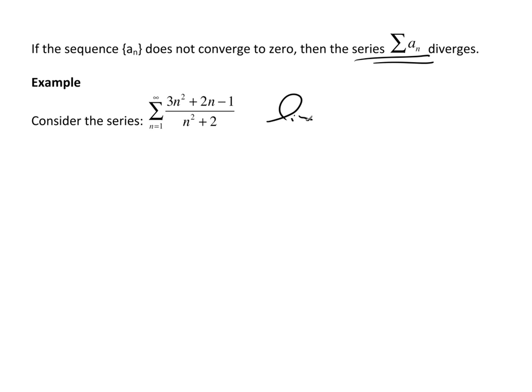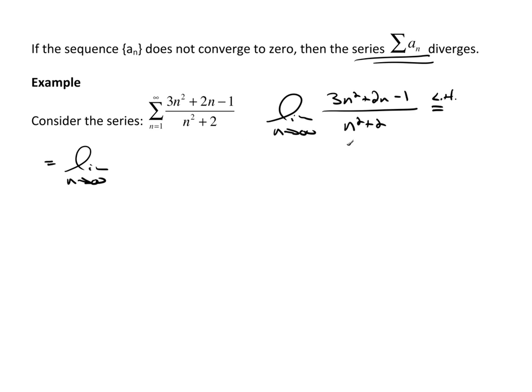So I'll take a look at the limit as n goes to infinity of 3n squared plus 2n minus 1 over n squared plus 2. And through repeated use of L'Hopital's rule, the first time I take L'Hopital, I'll have 6n over 2n, and the n's cancel, so I have 6 over 2, which is just 3.